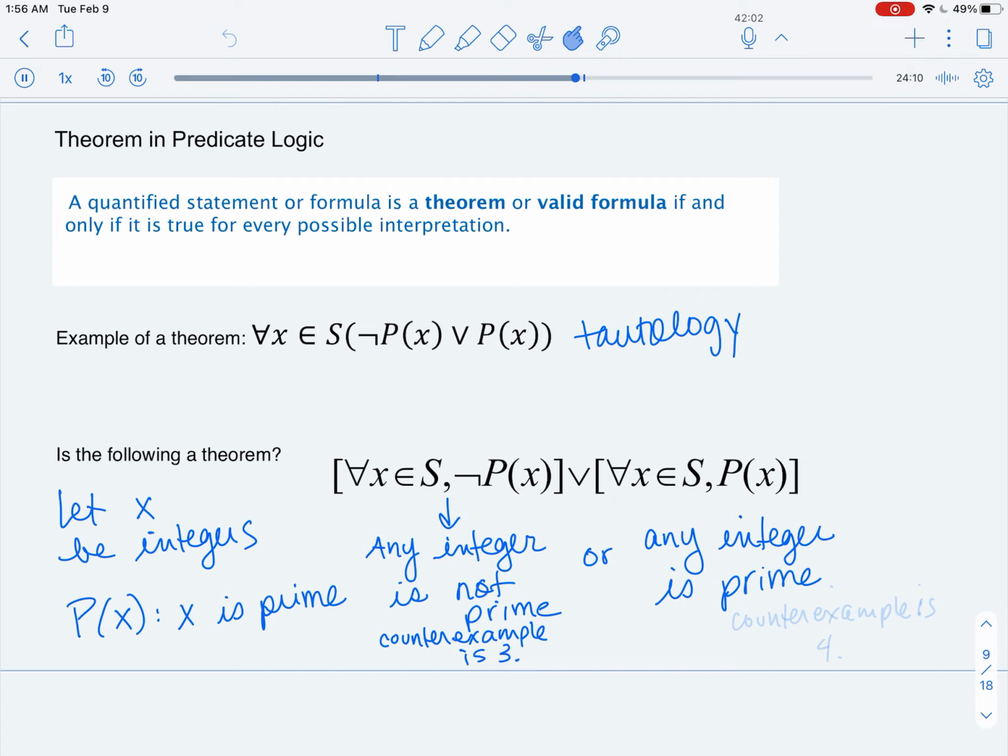And for this example, we can just have our counterexample be 4. 4 is an integer, but 4 is not prime. So because of this, we found a counterexample to each of those statements, so we know that their disjunction is also false. That is a way that we can tell that this is not a valid formula or a theorem.